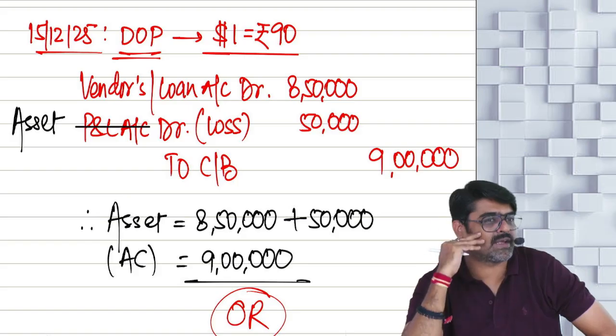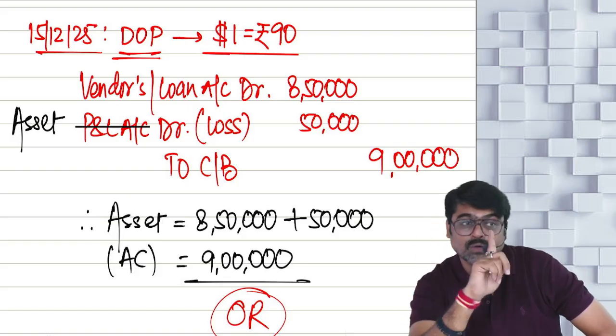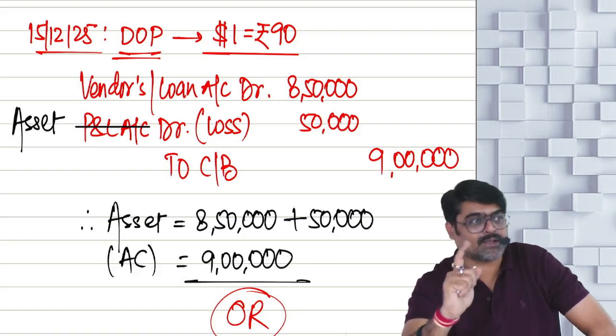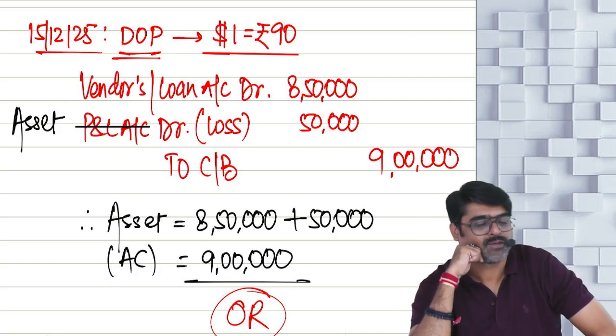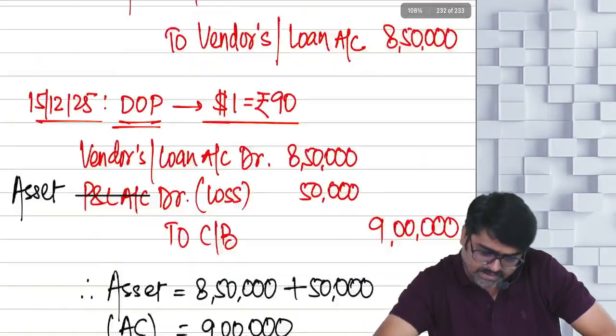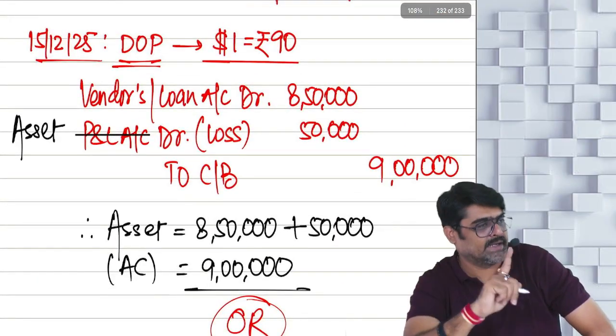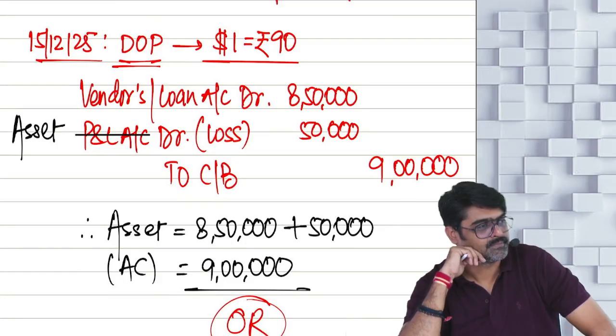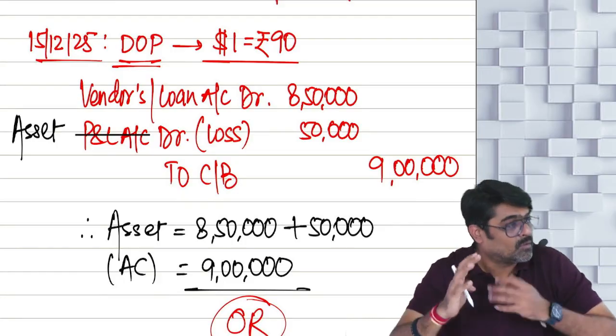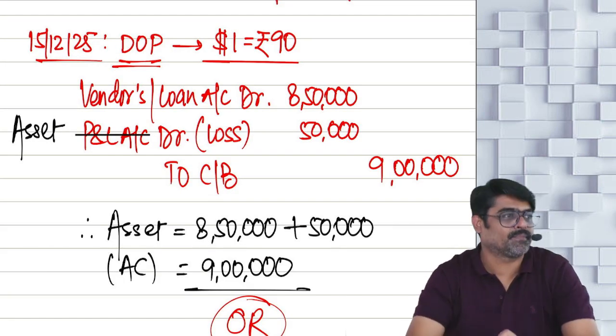What if the bank is saying that we will offer you $1 for 83 rupees? Sorry, what was the rate right now? 85. What if the bank is saying that we are going to offer at 88 rupees? So that 88 rupees will be quoted in the forward contract.